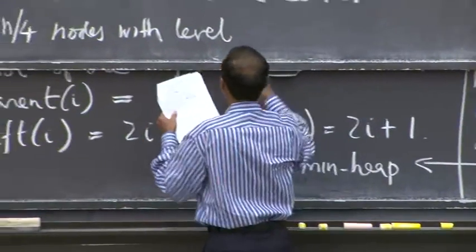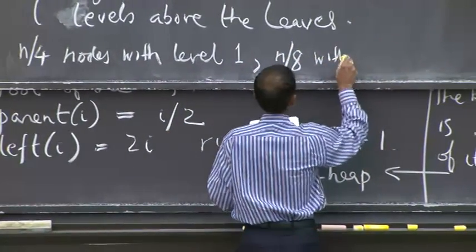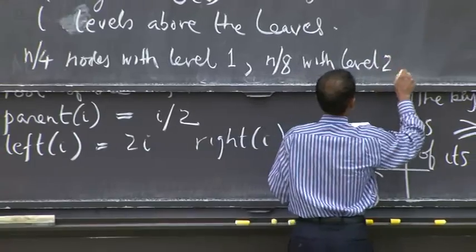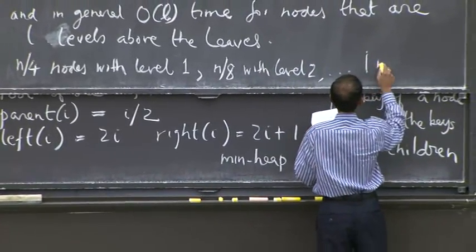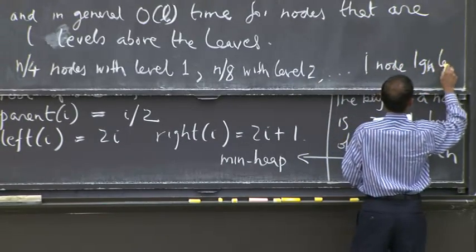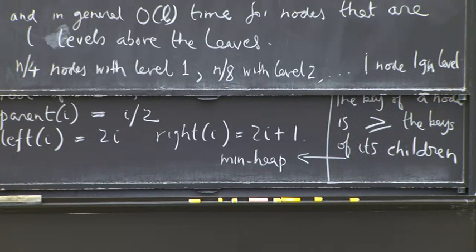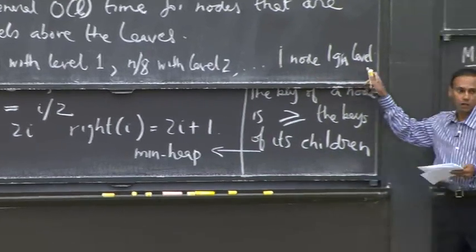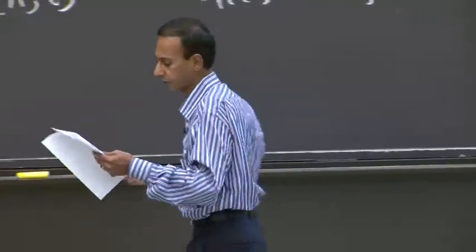But we have n over 4 nodes with level 1, n over 8 with level 2, and one node at the log n level, which is the root node. So there's this decrease in the number of nodes as the work that you're doing increases. And that's the careful accounting that we have to do.